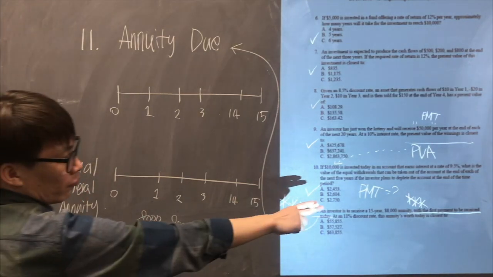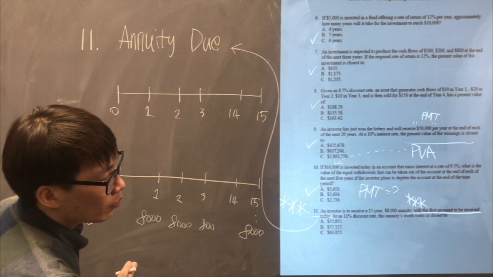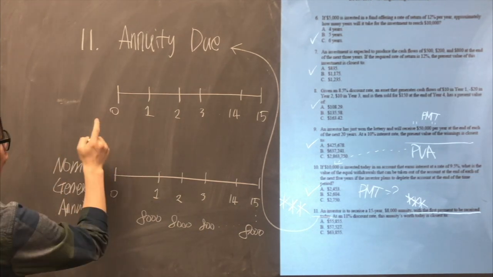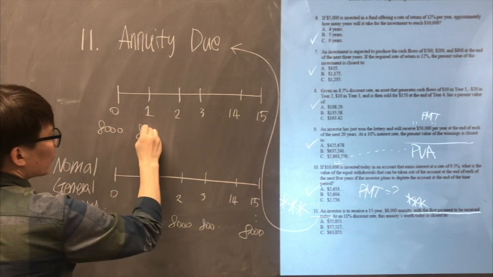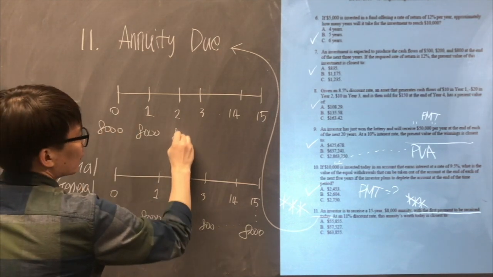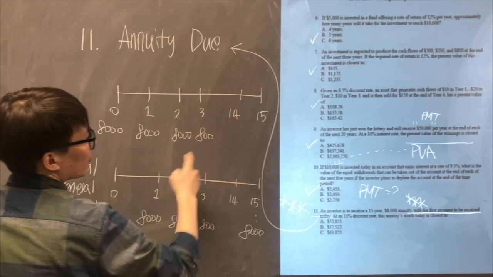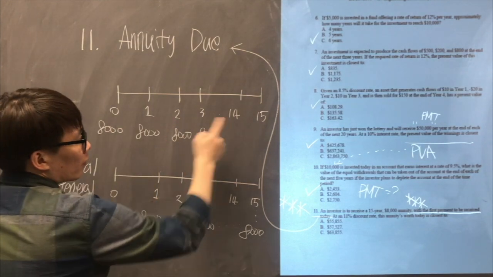Am I correct? Read the sentence carefully: with the first payment to be received today. So it looks like this. You receive the 8,000 today, 8,000, 8,000, 8,000, until the end of year 14.